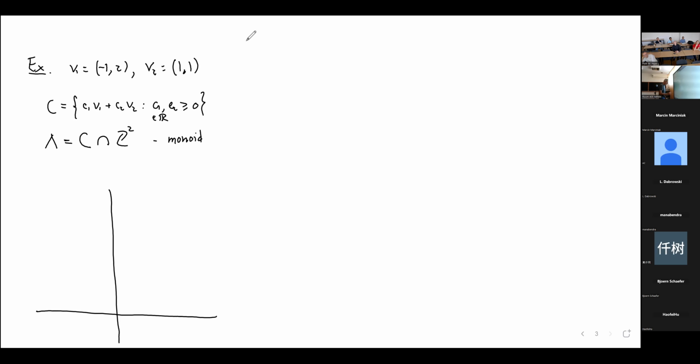So even if you have an element of lambda, this linear combination can have rational non-negative coefficients. So c1 and c2 can be any real numbers. If we take such a thing in this intersection, it's possible that c1 and c2 are not integers. In fact, surely they will not always be integers in order to get points in this. Yeah, that's true.